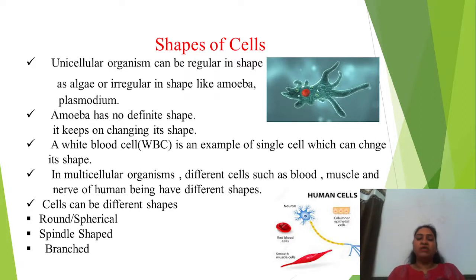Our red blood cells, that is RBCs, are spherical in shape, whereas our muscle cells, which are pointed or elongated towards the ends and look like a spindle, are spindle in shape, whereas our neuron or nerve cells are branched in nature and elongated.